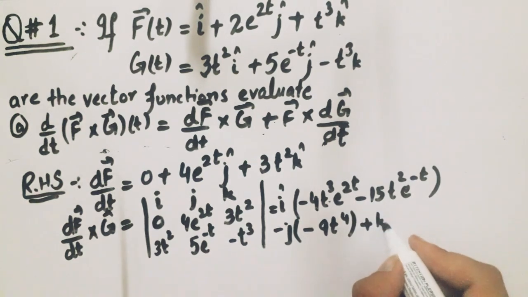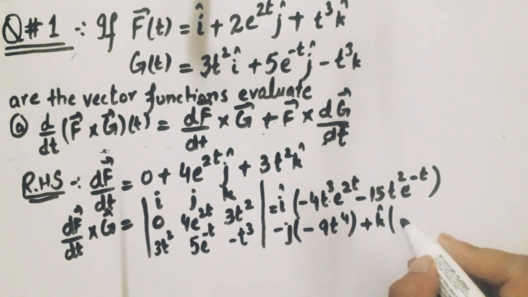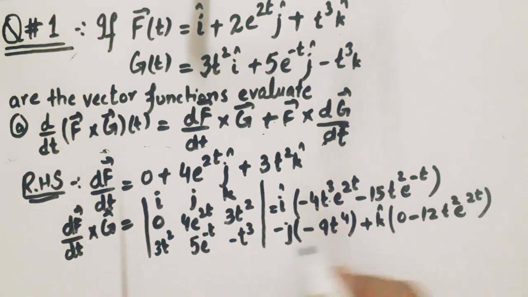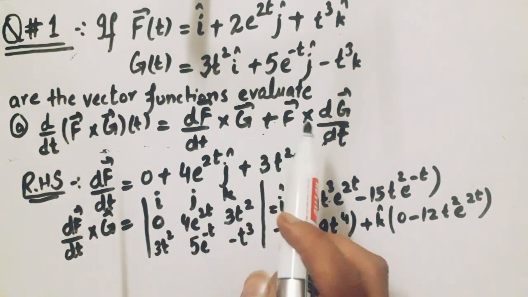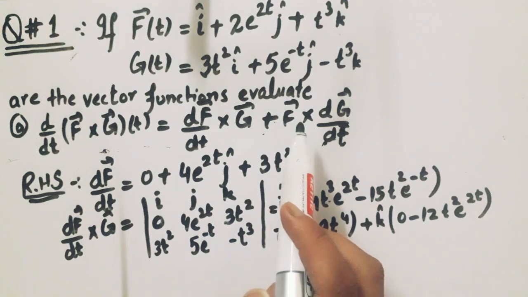Then plus k unit vector, it will become again 0 minus 12t square e raised to power 2t. Now we will differentiate g with respect to t and then take cross product with f.